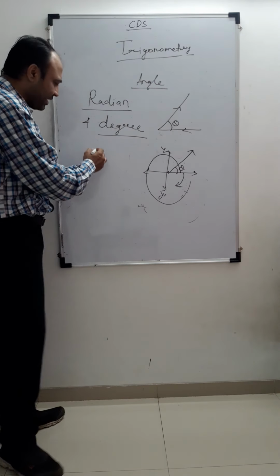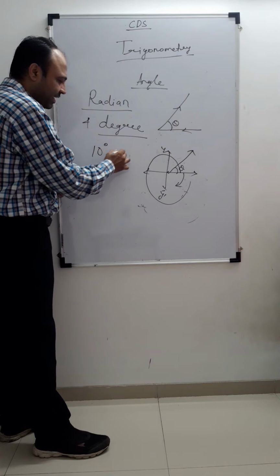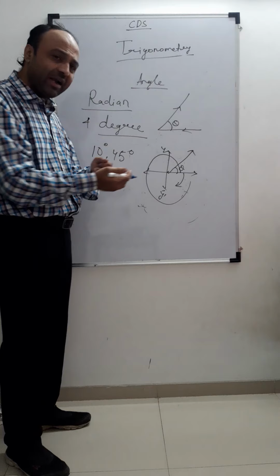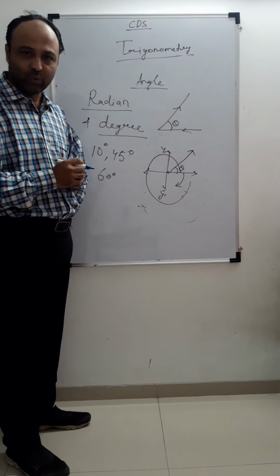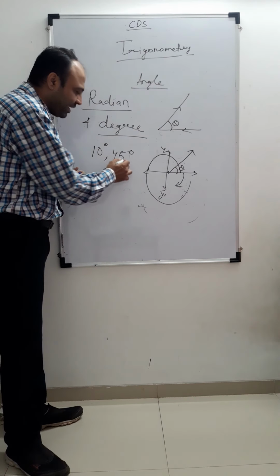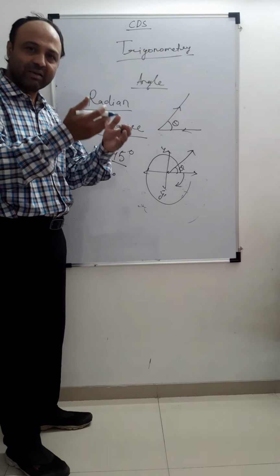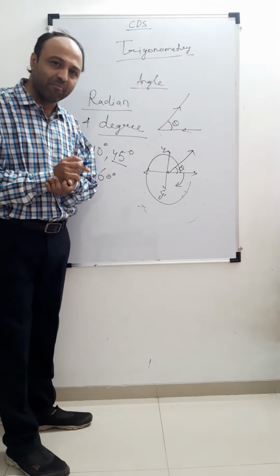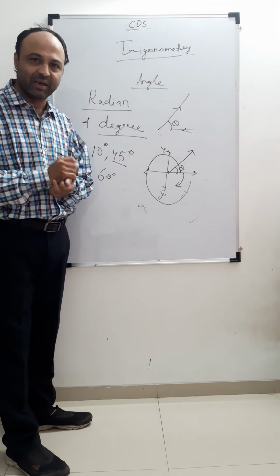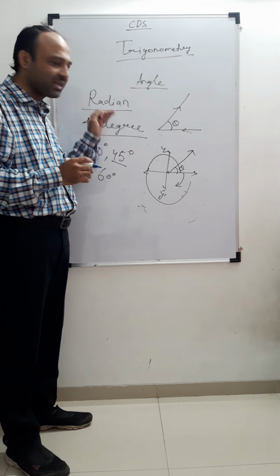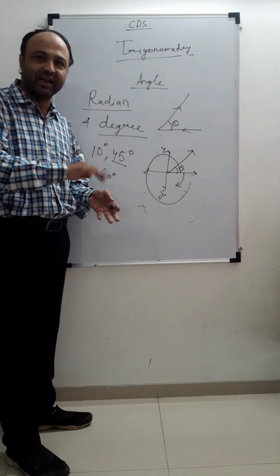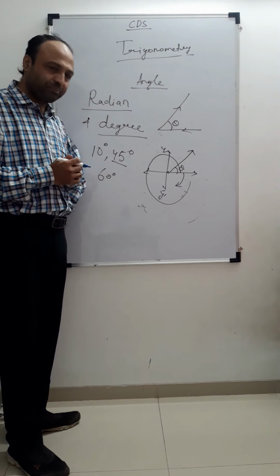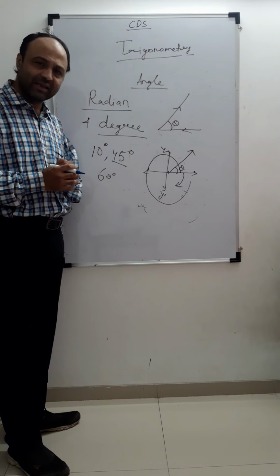We have written 10 degree, 45 degree, 60 degree, correct? We must know the equivalent in terms of radian. 45 degree is how many radian, or some radian is how many degree. This conversion is very important to know in CDS because one question is based on this conversion, radian and degree. So now let's understand this radian and degree concept.